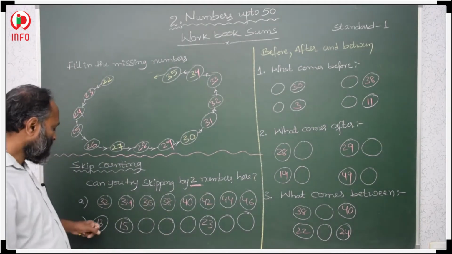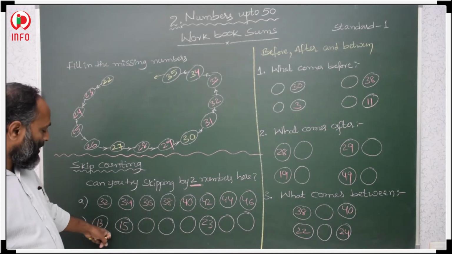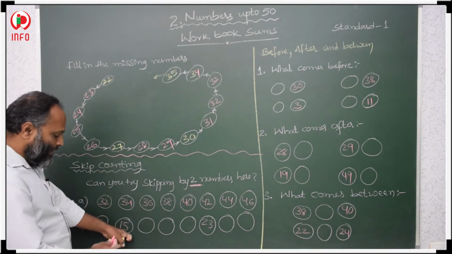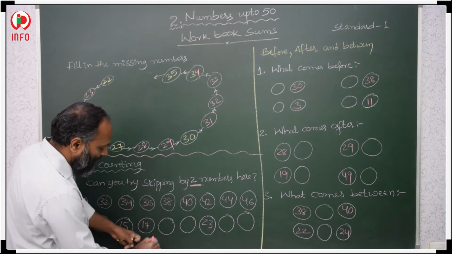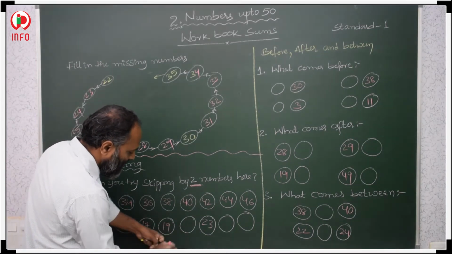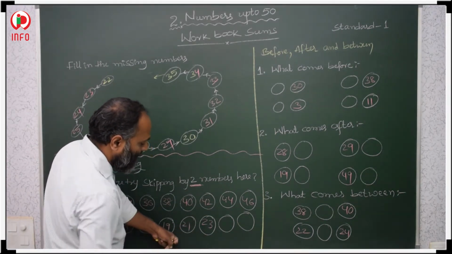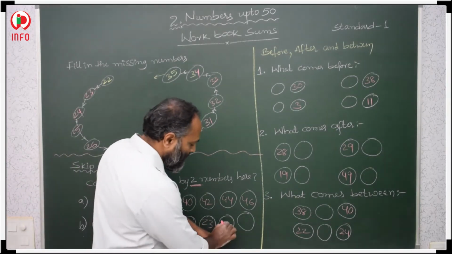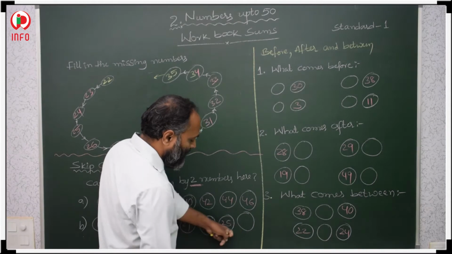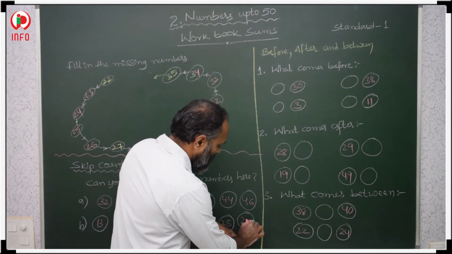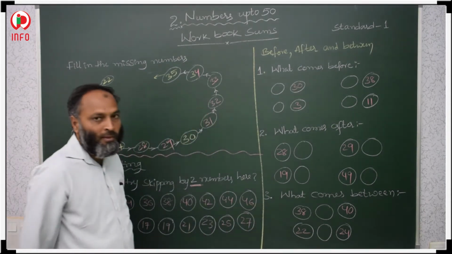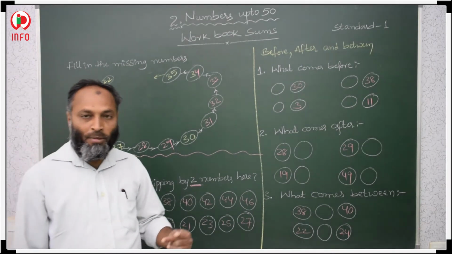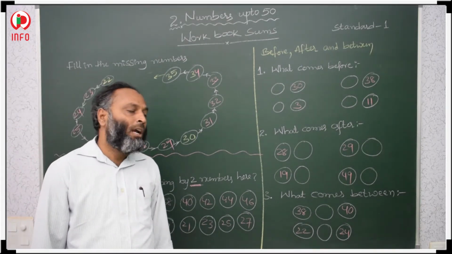Next, 13, 14 is skipped, 15, 16 is skipped, 17, 18 is skipped, 19, 20 is skipped, 21, 22 is skipped, 23 is given, 24 is skipped, 25, 26 is skipped, 27. Like this we have to skip one number and write.